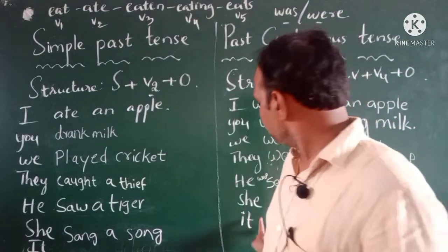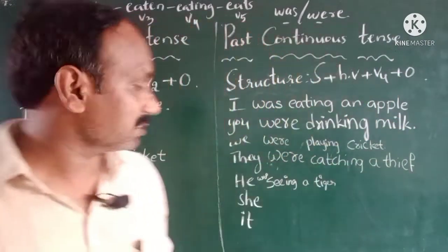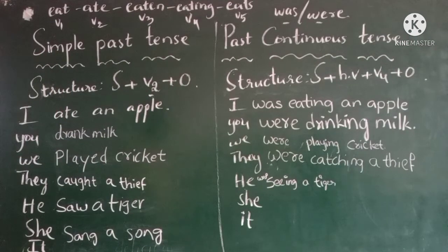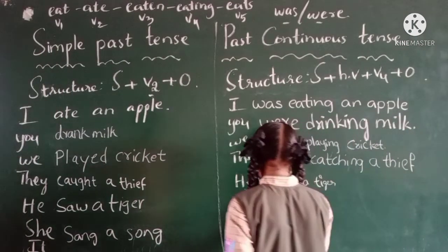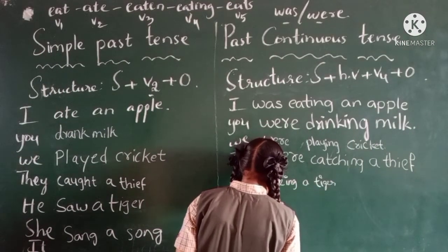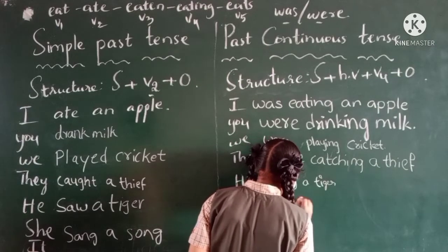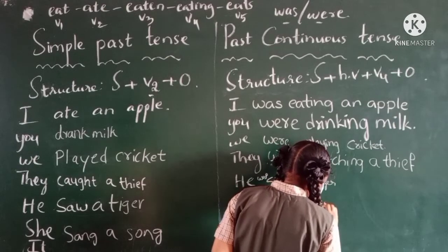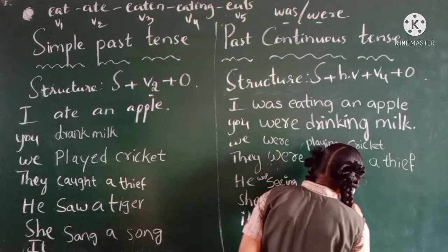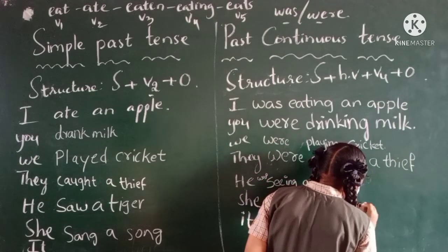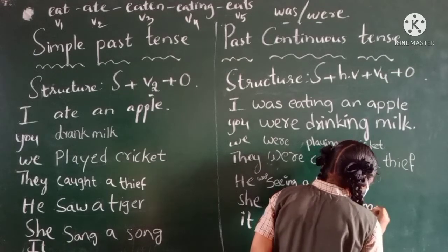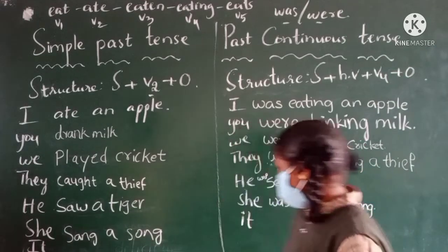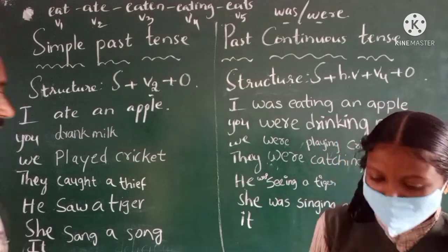So next, who is going to write here for the past continuous tense? Another example. Will you write? Yes. Nakshatra will write one example for the past continuous tense. She was singing a song.